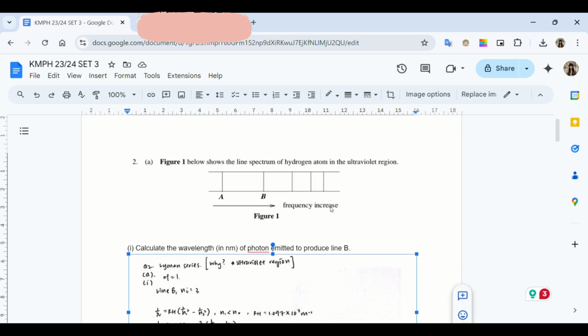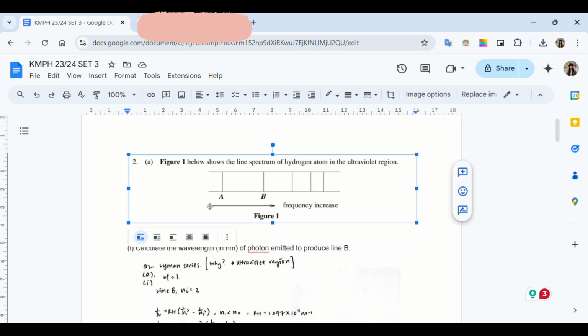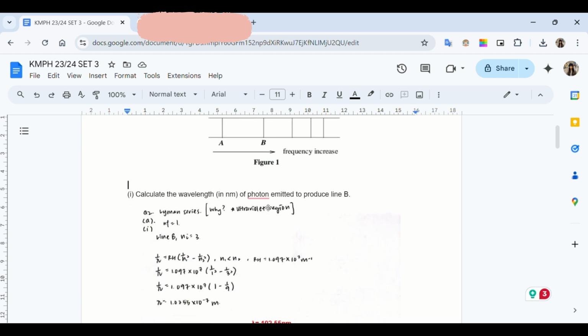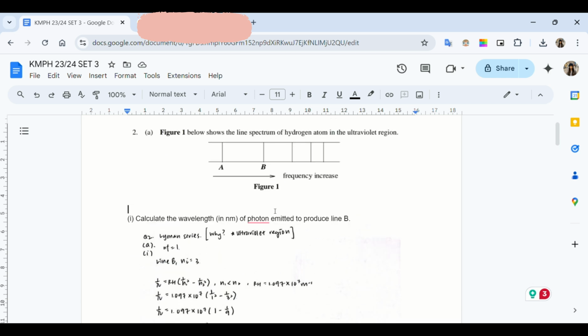And you guys please also remember that we have to observe from the larger space to the narrow space for this figure, which is from the lower frequency to the higher frequency. So the frequency will increase along the way.